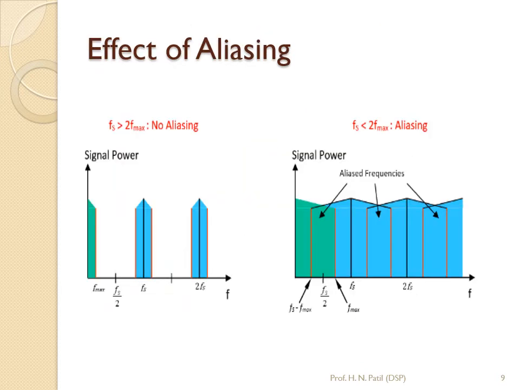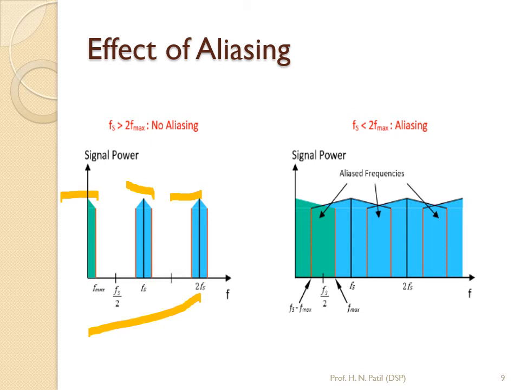Let us now see what the effect of aliasing is. If the sampling frequency is greater than twice f max, then there is no aliasing, and that can be shown with this figure. Here the frequency bands are well separated from each other, and hence there is no aliasing, that means there is no overlapping.